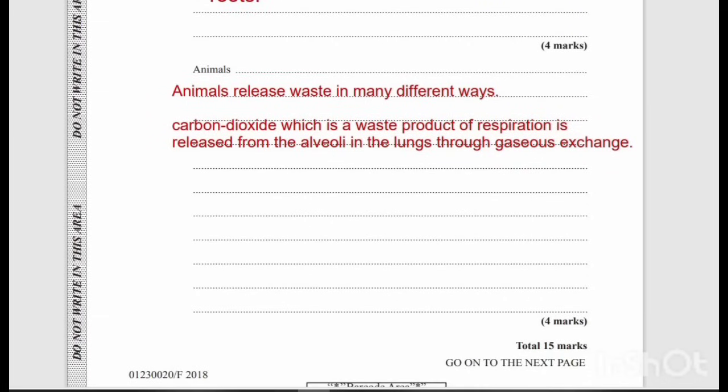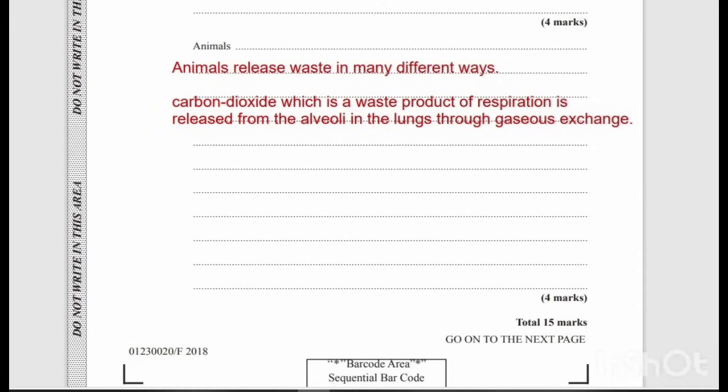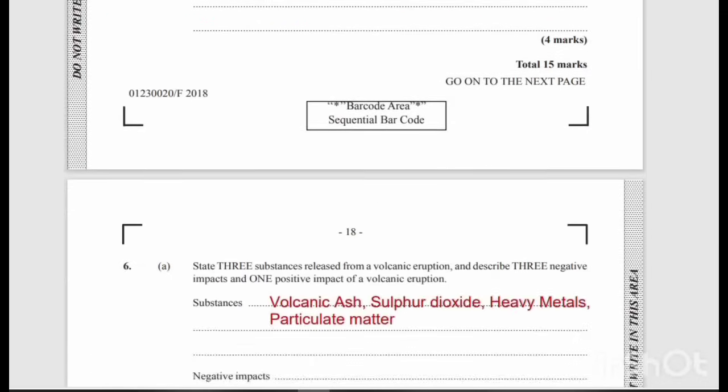Respiration produces carbon dioxide as a waste product and it is expelled through the body when the person exhales. So if you are still not as familiar as you should be with respiration, inhaling, exhaling, please try and be familiar with that before your exams.